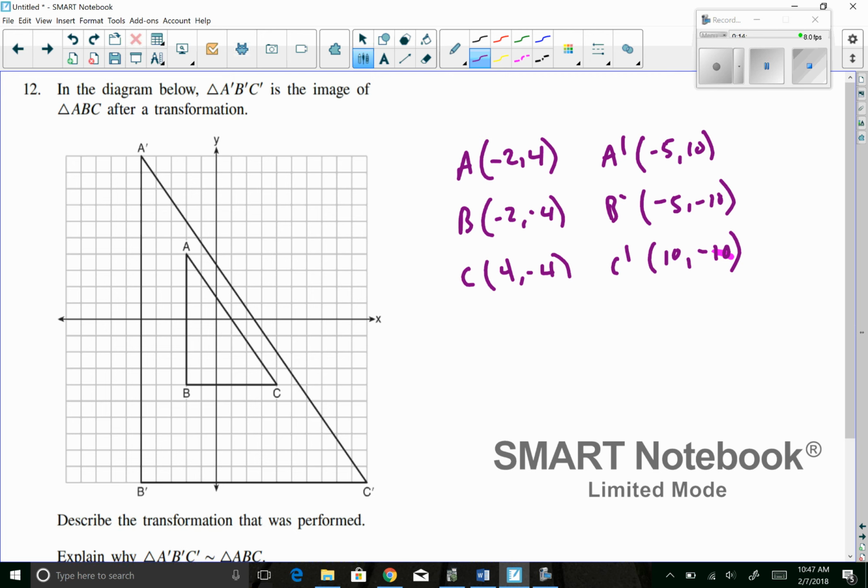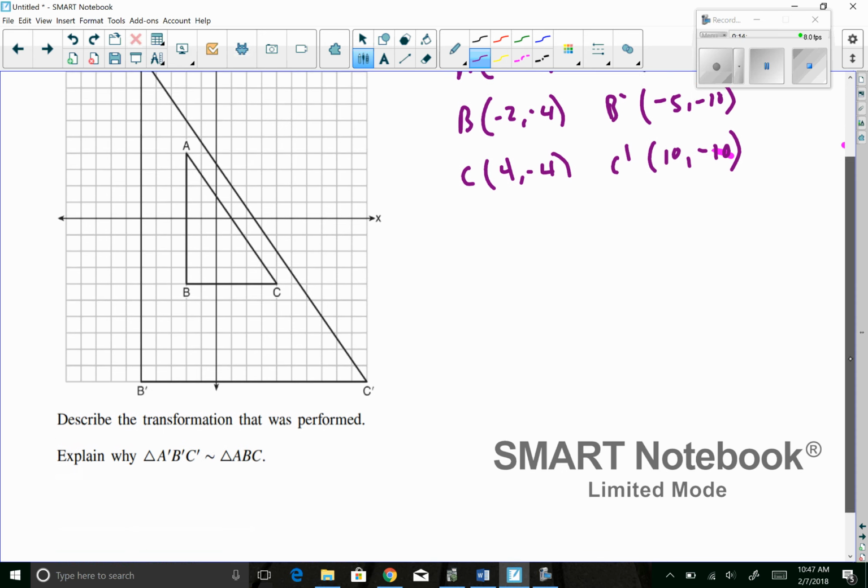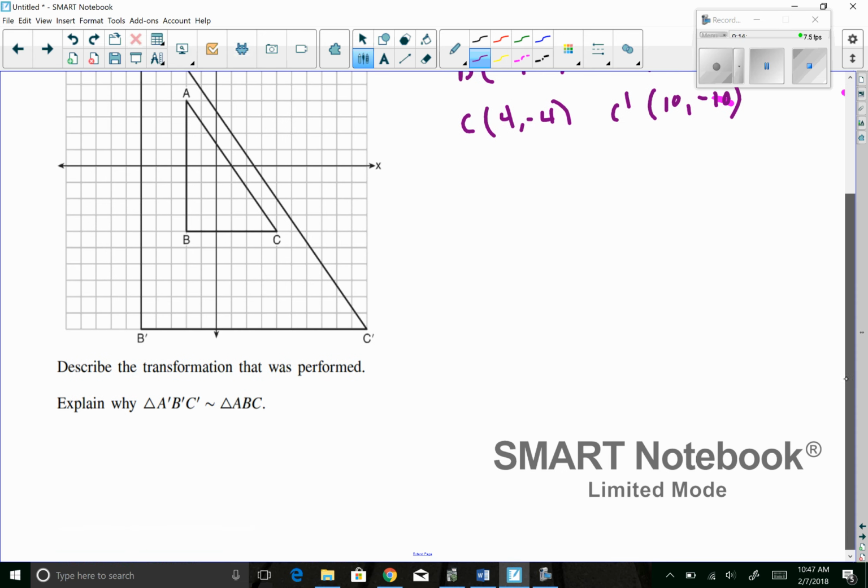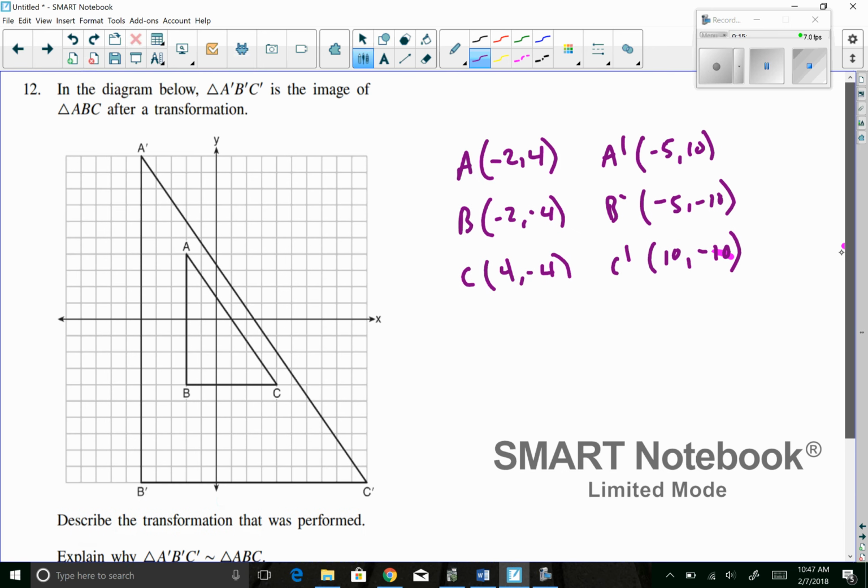Now, I definitely noticed that the size changes, so I know this is going to be a dilation. I just want to be specific with my dilation, right? Am I dilating a lot, a little, more than one, less than one, etc. So I can even figure out what the scale factor is. To find the scale factor, if I take the dilated number and divide it by the original number of any x or y value, I should get the same value.